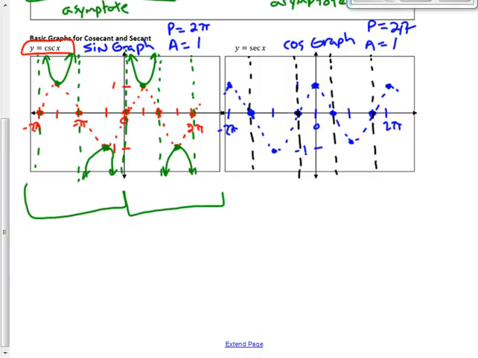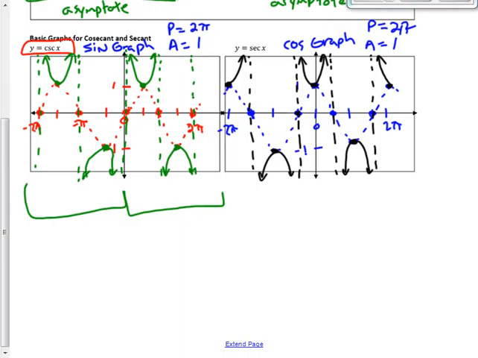So when I look at this, I'm looking for the secant graph. All these little humps in between the asymptotes become inverses of that cosine, and they're at these little end points on each of these. I actually have these end ones look like this.